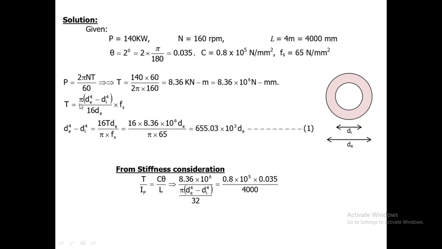You know that, so just substitute the value. Both d and di are unknown. Substituting, we get this equation, with d to the power 4 minus di to the power 4.